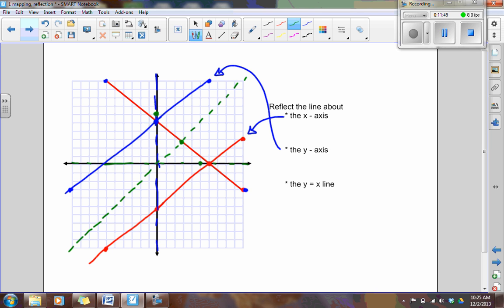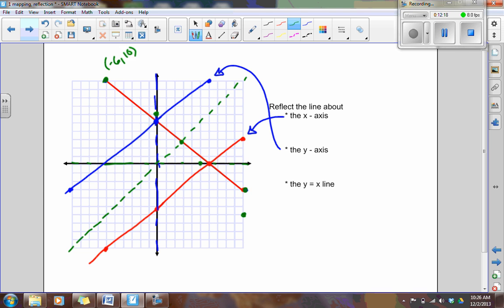And we've got 6 all the way up to 10. So this point is (-6, 10), and when we reflect that across the line y equals x, we're going to get (10, -6). x and y are just going to switch places.